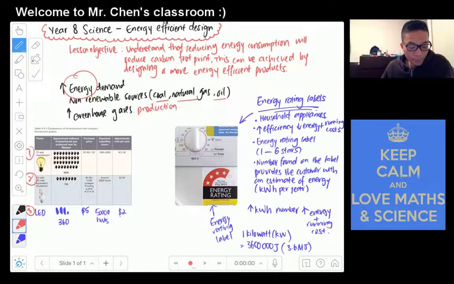Back then people used incandescent light because there was no other, more efficient design, right? And we're going to compare these three.